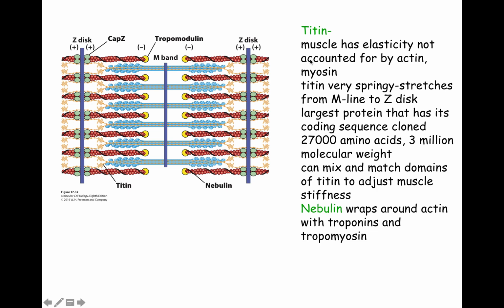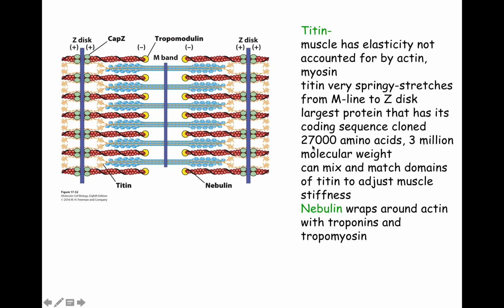Some more about titin. Muscle elasticity that is not accounted for by actin and myosin is accounted for by titin. It's a springy protein. It goes from M line to Z disc. So M line being the middle of the myosin bare zone without any heads, to the Z disc here where the plus end of the actin filaments ends up.